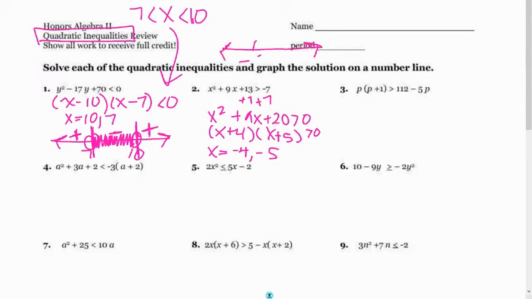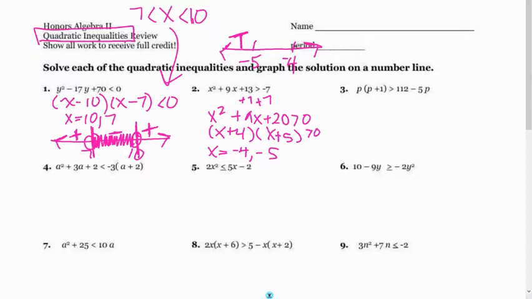So still with my number line, I'm going to pick a point over here like negative 6. If I plugged in negative 6, I would get 36 minus 36 plus 13, that's a positive number. And since this is greater than 0, that makes this true. Like 13 is greater than 0.